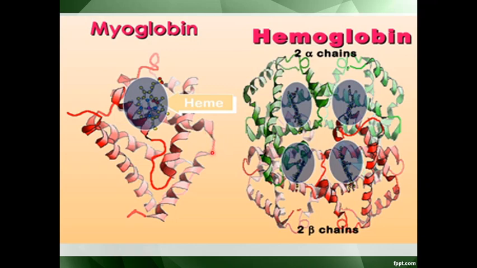Therefore, we say that it is a single chain. Within a single chain, the spring-shaped coils are there, and therefore we call it a monomer. It is a single large polypeptide chain folded together in 8 alpha helix shape.